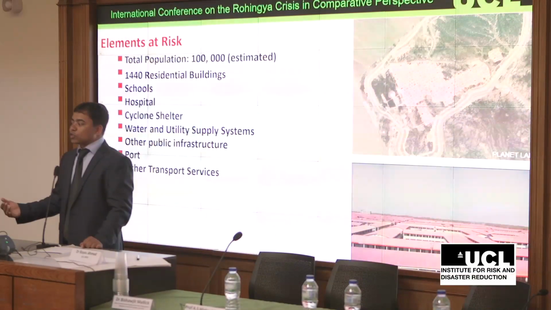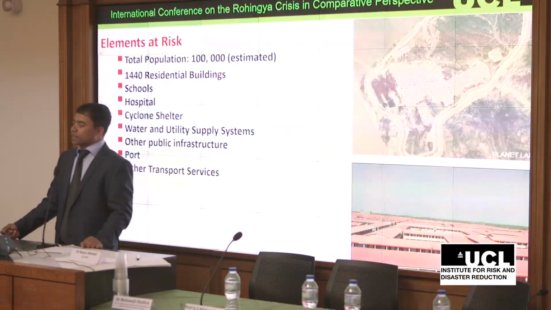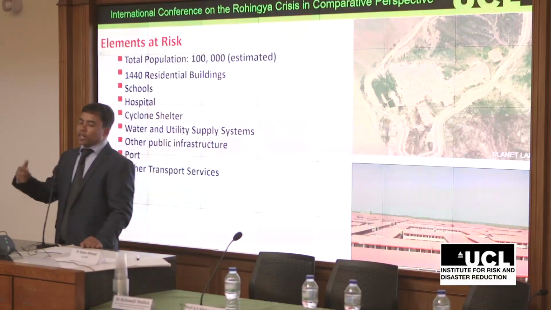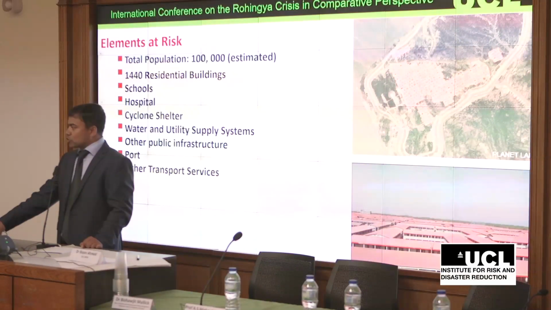There will definitely be schools and hospitals for these 100,000 people. There are cyclone shelters, water and utilities services will be provided, and other public infrastructure, roads, and you saw another image with a helipad there. And there is a jetty, a small port, and other transport services. So all these elements will be put there at risk.